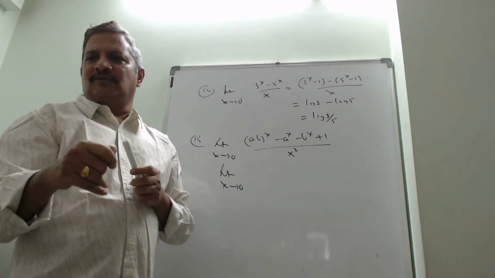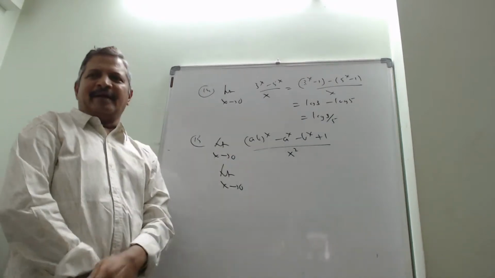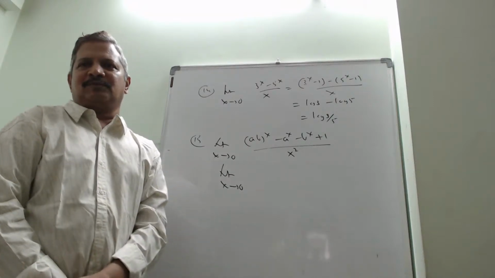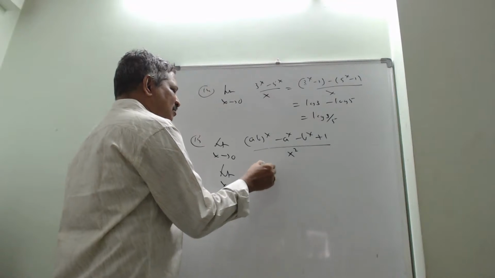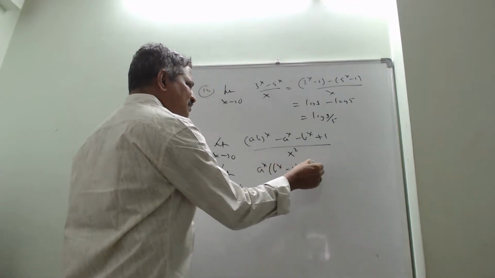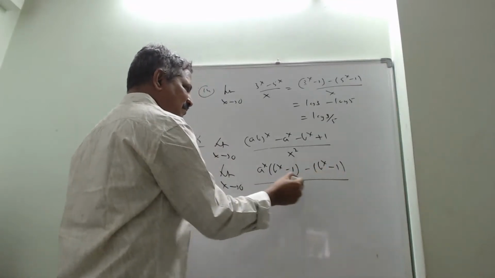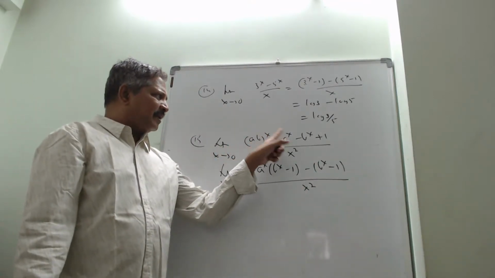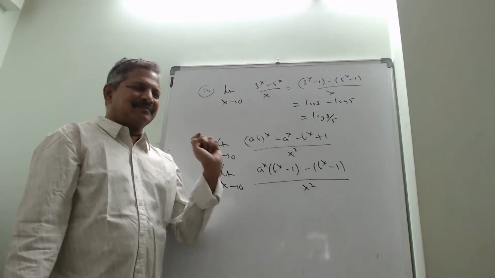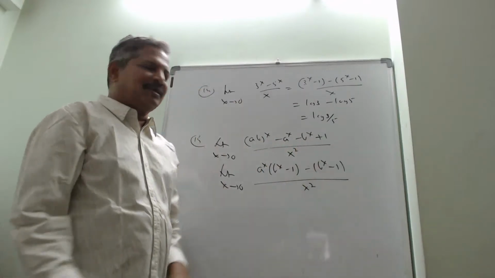Someone told the answer? No, not correct. (ab power x minus a power x minus b power x plus 1). How to do? You see here, a power x common, (b power x minus 1), minus common, (b power x minus 1), by x square. I have taken a power x common, (b power x minus 1). Here minus common, (b power x minus 1).